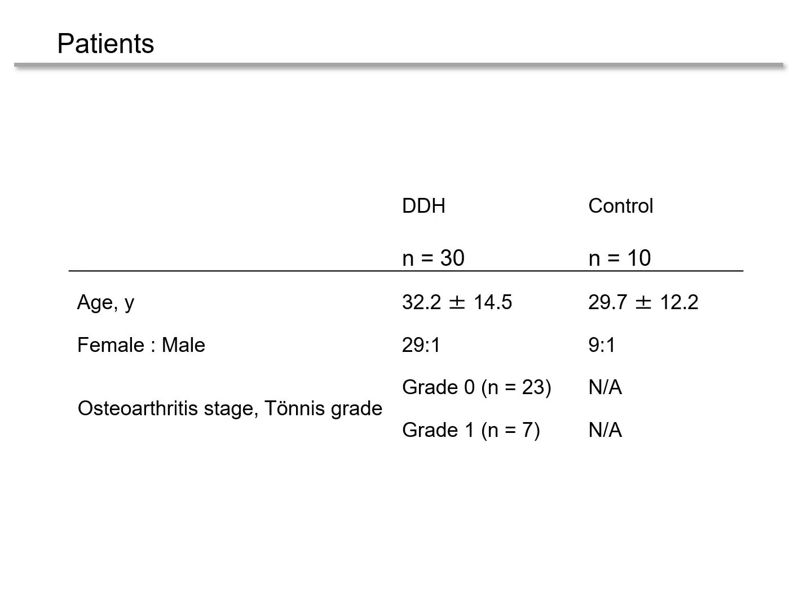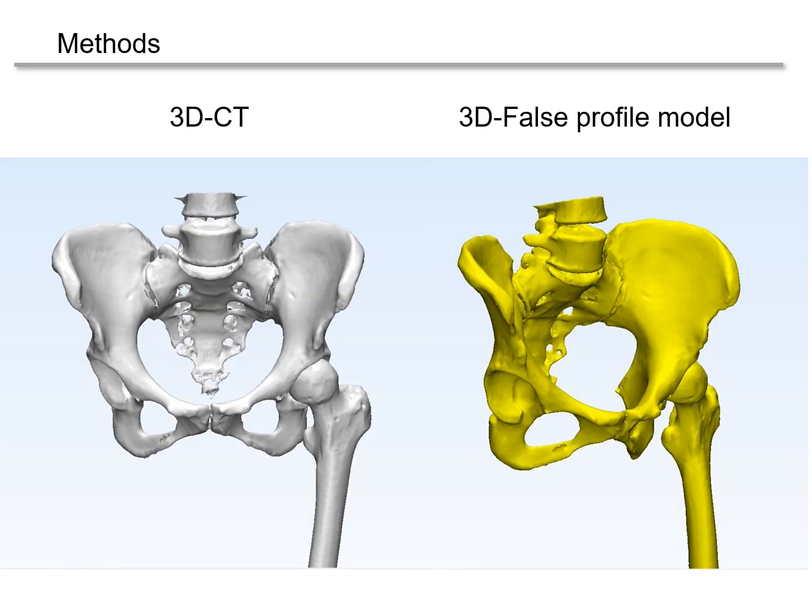The subjects were 30 DDH patients without arthritic changes and 10 patients with unilateral femoral head necrosis who visited Hokkaido University Hospital. The control group consisted of healthy hip joints. The model on the left is a 3D CT model.